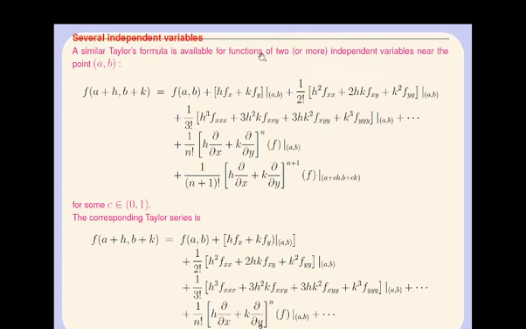Suppose we have two independent variables, f is a function of x and y, and start with a point A, B in the domain of f, and assume that all the partial derivatives of order up to n plus 1 exist and are continuous at the point A comma B. Then the value of f at a nearby point A plus h comma B plus k is equal to, this is Taylor's formula.